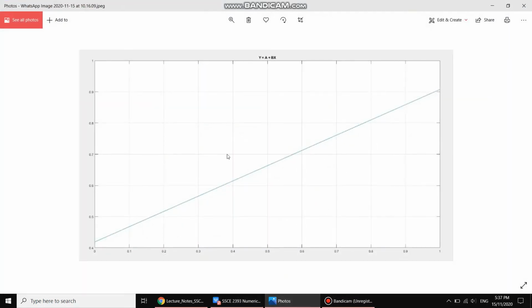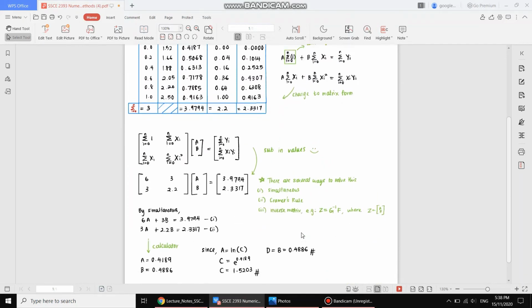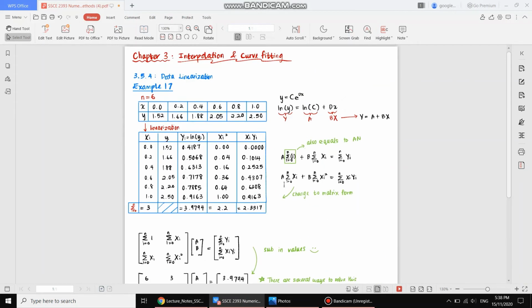And here's the graph. Then you can see a straight line with best fit. Okay, so hopefully you all understand the example I've shown here, and thank you very much for listening.